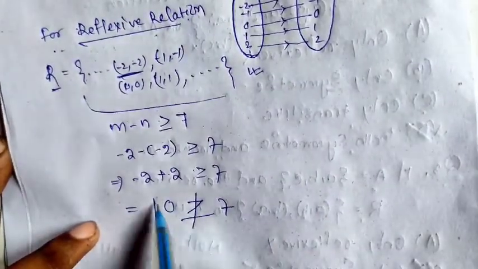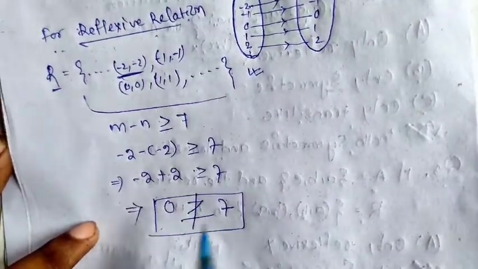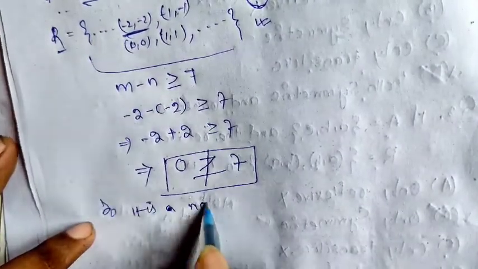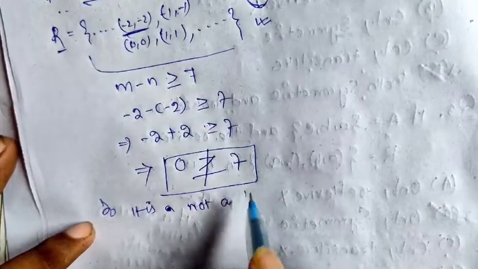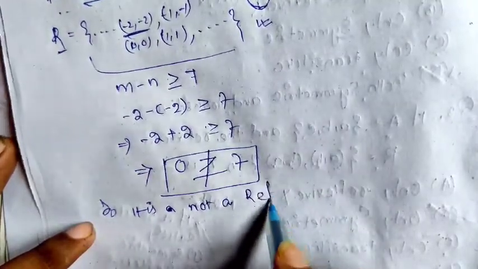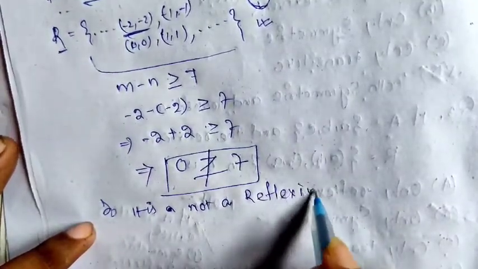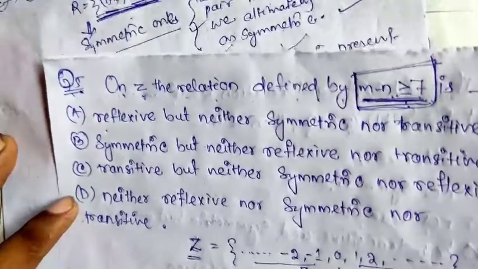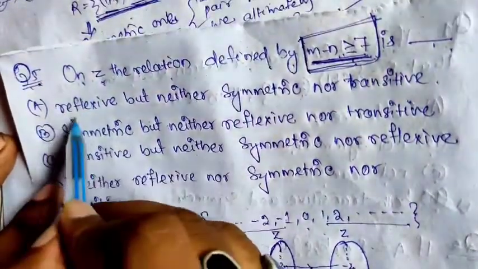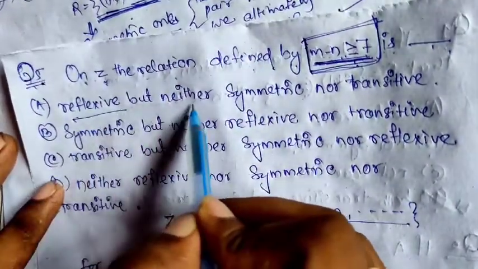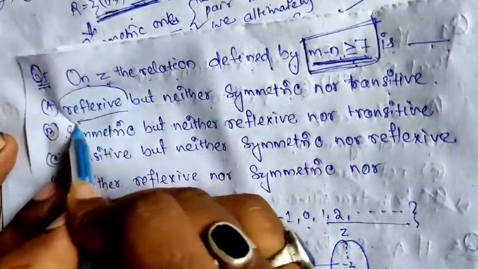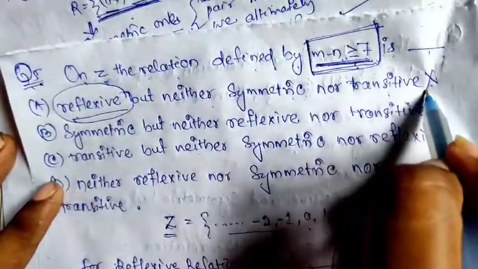So it is not a reflexive relation. Now look into the options. The first option says it is reflexive but neither symmetric nor transitive. Since it says reflexive, this option is wrong.